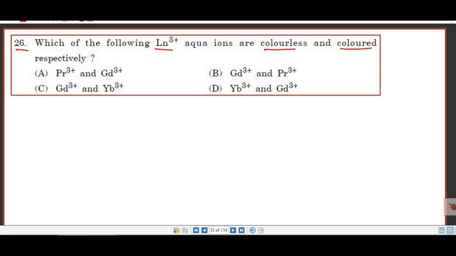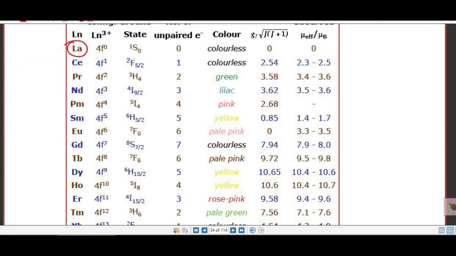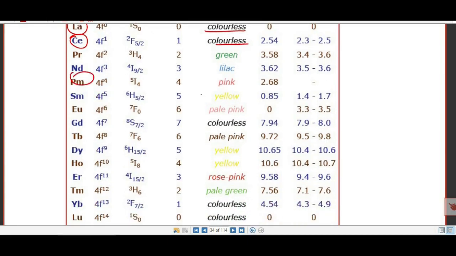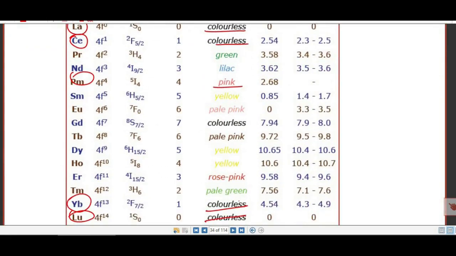Lanthanum is colorless, cerium is colorless, promethium is pink, ytterbium is colorless, lutetium is colorless, and gadolinium is also colorless.